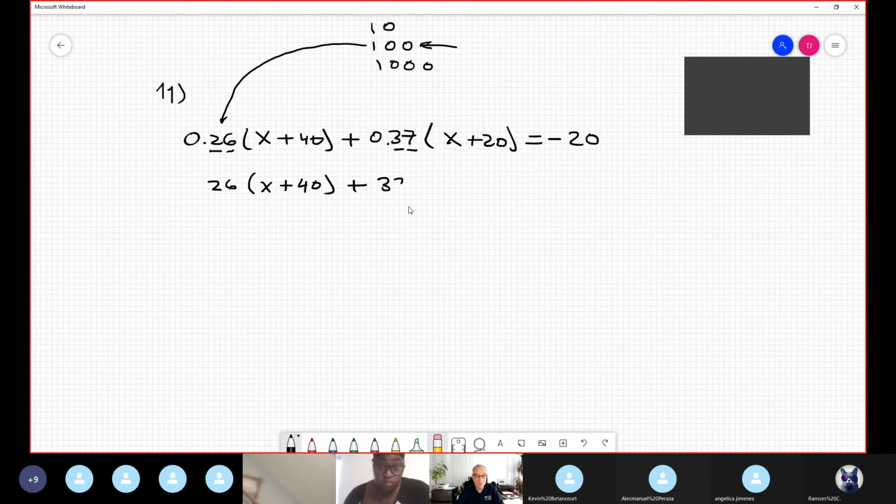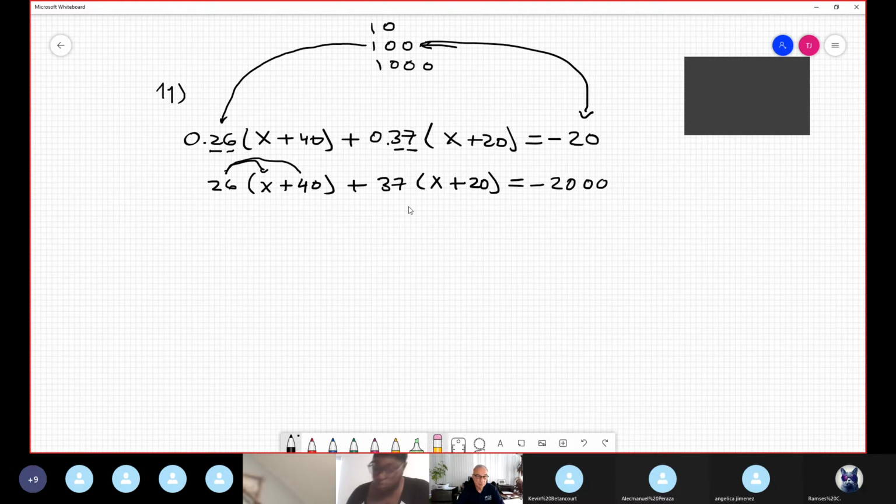Likewise, 37 times x plus 20 is equal, and don't forget, multiply left hand side and right hand side by the same number. Entonces, it's easy because when you multiply by a number ending in 0, you attach the 0s. It's a negative 2,000. The rest is okay. Apply the distributive property. 26x.